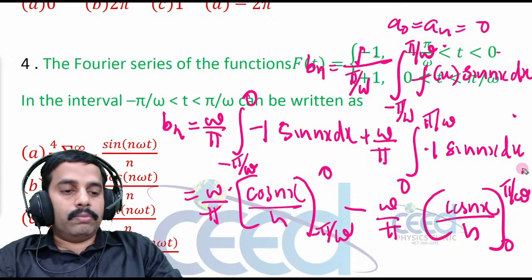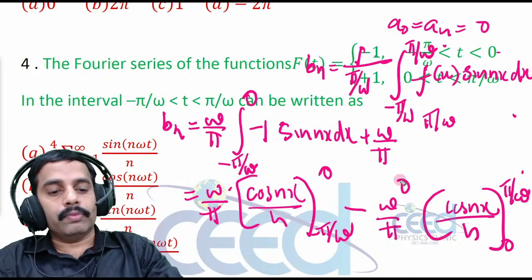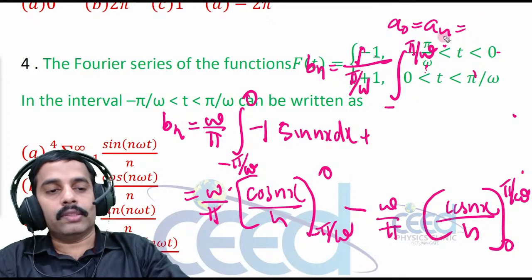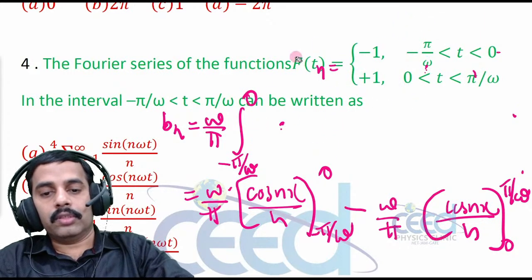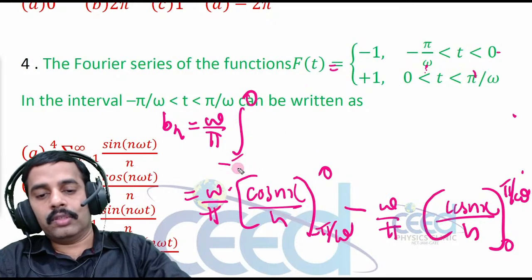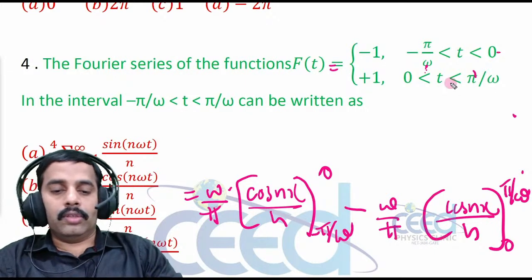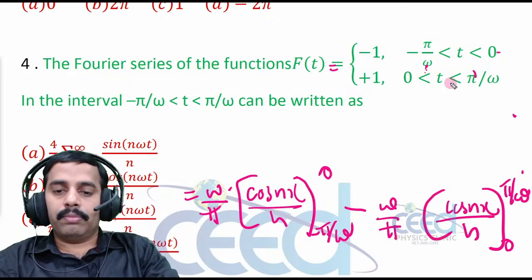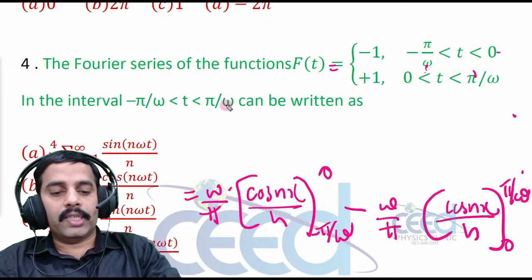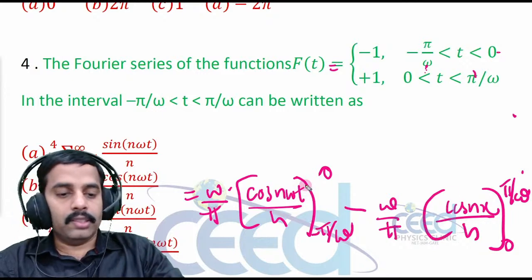Now, let me write this. So I can erase for the time being this. Okay. So when I am using this pi by omega interval, I can write this as n omega t. So variable is n omega t, right?